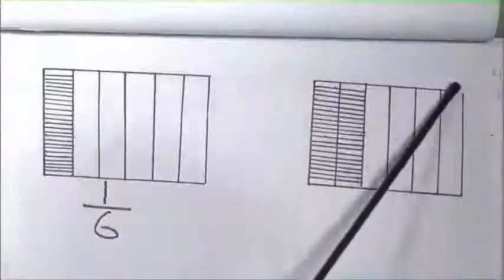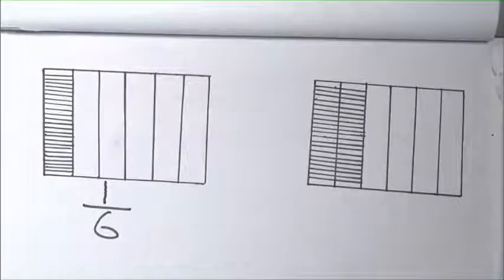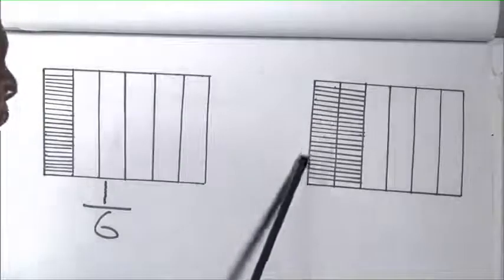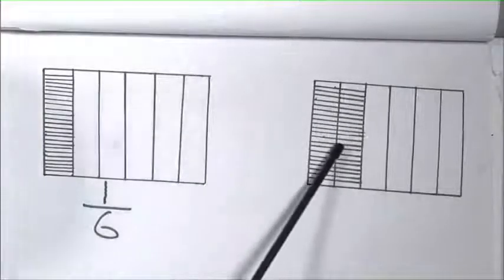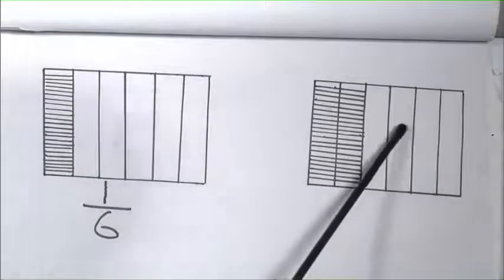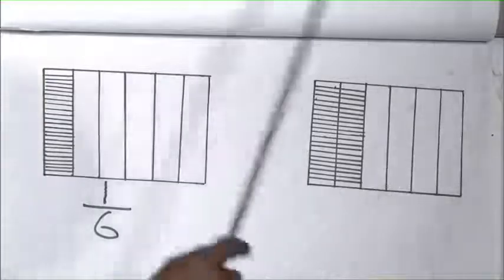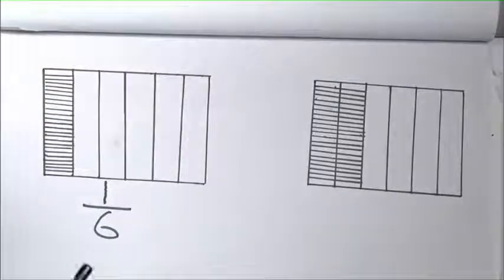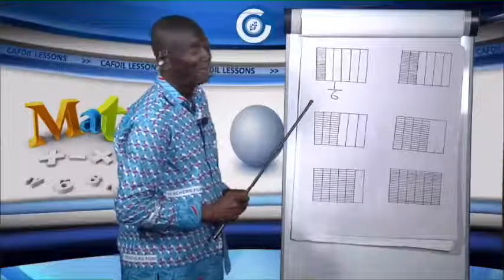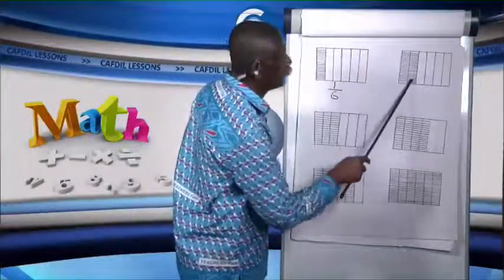Then we have another rectangle. Here it is. How many parts are in it? 1, 2, 3, 4, 5, 6. Good. How many parts have been shaded? 1, 2.